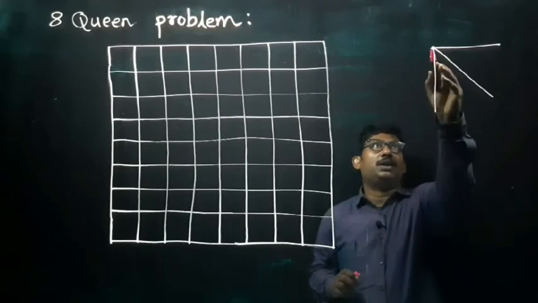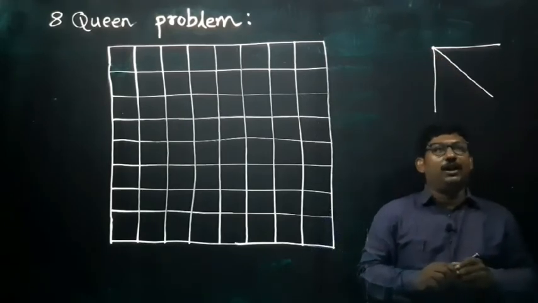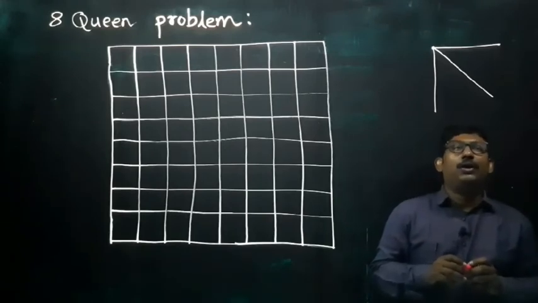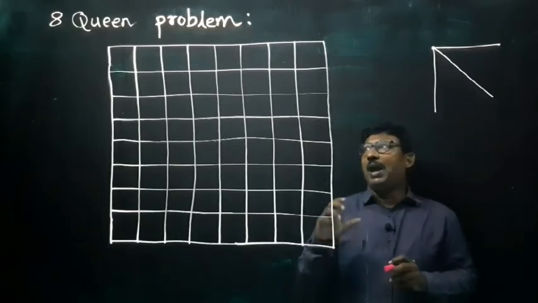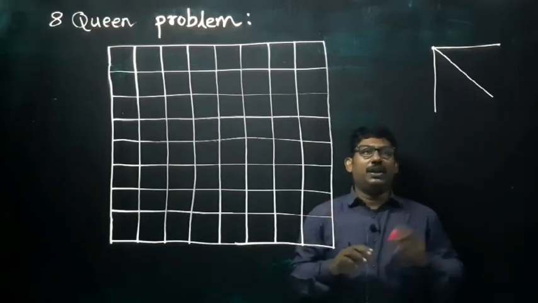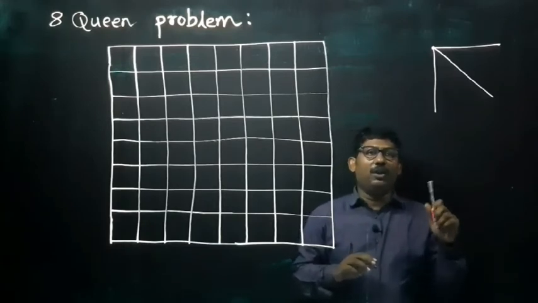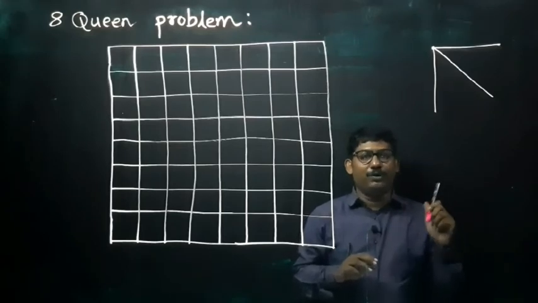So if I place the queen in a corner, it can go vertically, horizontally, and diagonally. So we have to keep 8 queens in a proper way so that no queen will be affected and every queen should be in a safe position.